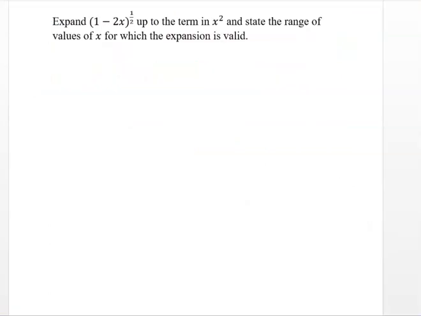Okay, we'll continue with the second example. It says: expand (1 minus 2x) to the power half up to the term in x squared, and state the range of values of x for which the expansion is valid.